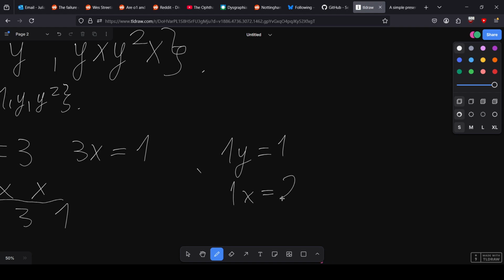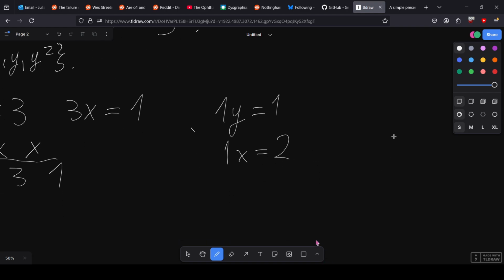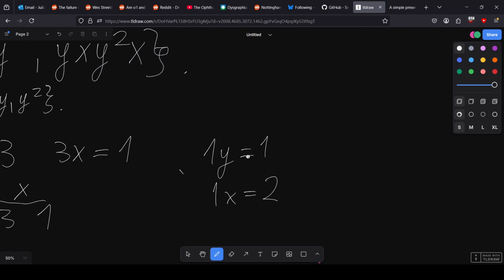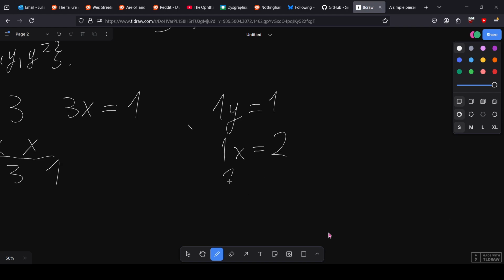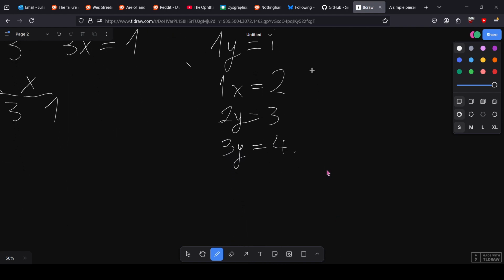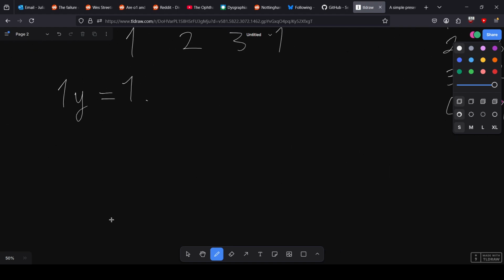1x has to go to 2. Now, we do not know how y acts on 2. So let's say 2y is equal to 3, and then 3y is equal to 4. But then 4x has to be equal to 1. So the full table will look as follows.